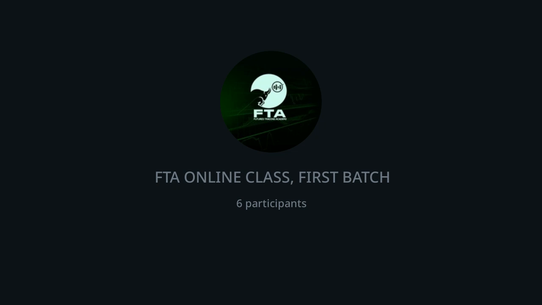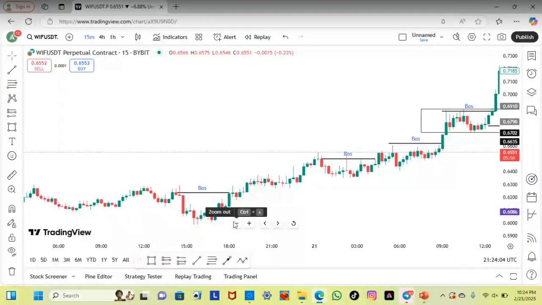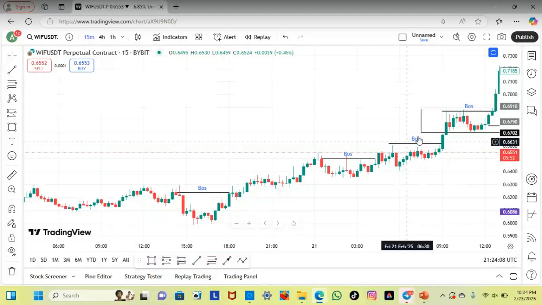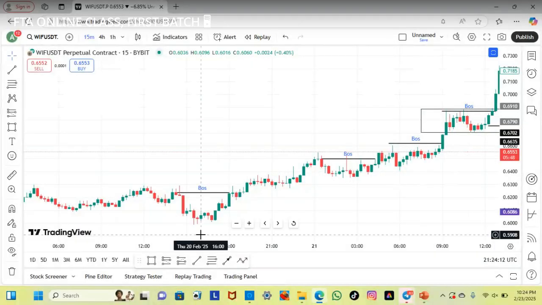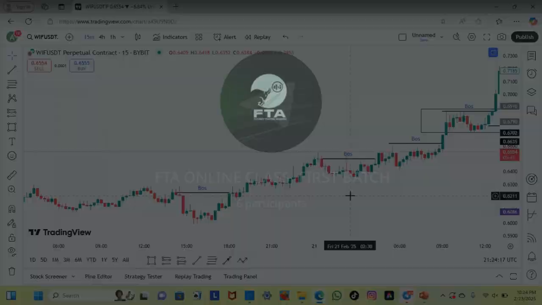A hammer that led to this bullish trend that later led to that bearish trend after the forming of the shooting star.